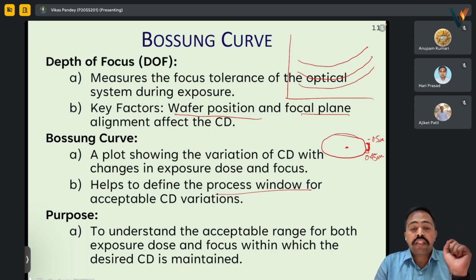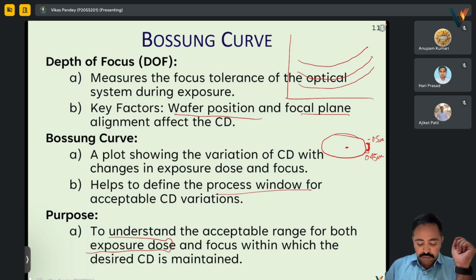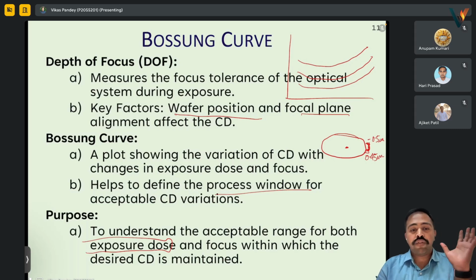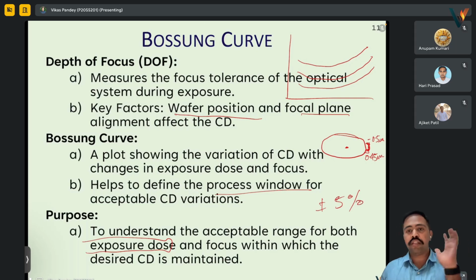This is important to understand the acceptable range of both. What will be the acceptable range of exposure dose? How much variation can we go? In any process there will be a plus or minus, say 5% variation is acceptable, or 2% variation is acceptable. Based on that, we will go for the process. And what will be the variation in focus within which we will still get our critical dimension.